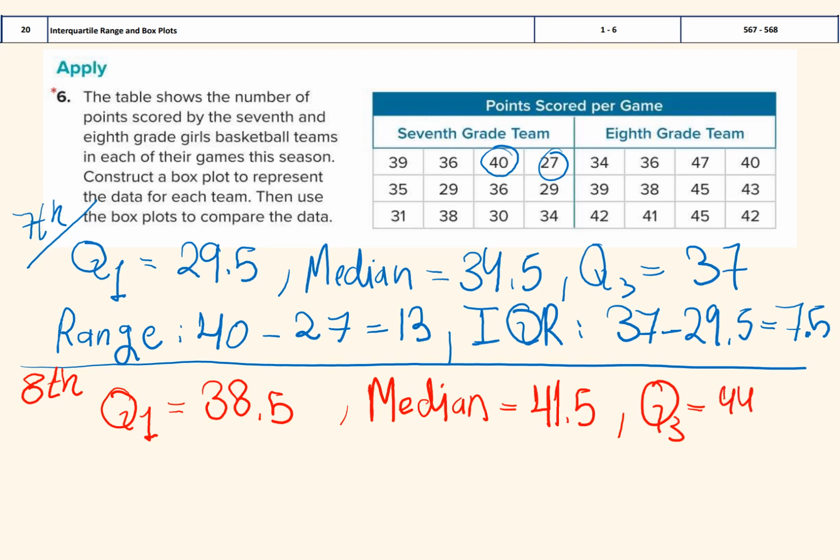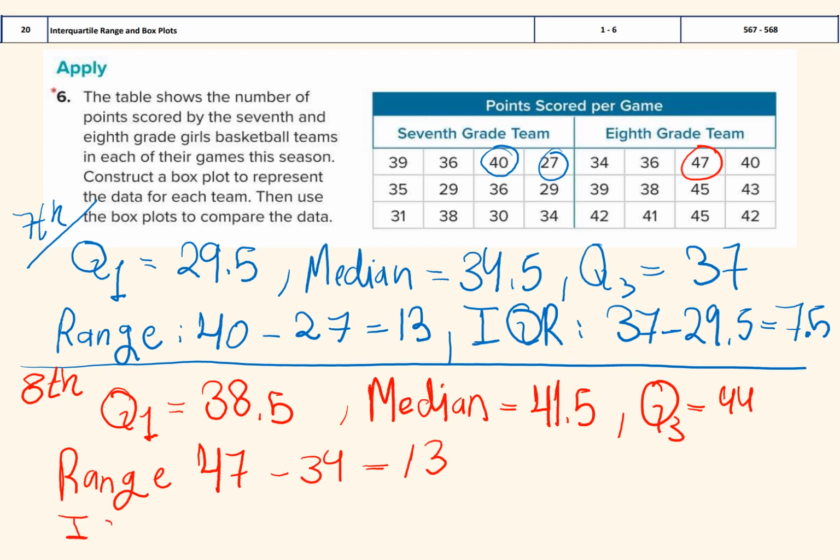Then I need to find the range for the 8th grade, which is 47. The greatest value is actually 47, as you see, minus the smallest value, which is 34. So the answer is going to be 13.